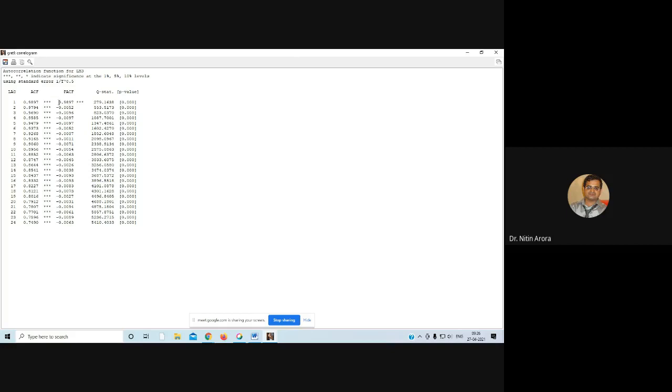We have to see this partial autocorrelation function. We can observe that a positive partial autocorrelation of lag 1 exists, and all other partial autocorrelation coefficients are statistically insignificant, because the stars are not available with those partial autocorrelation coefficients. Obviously we can conclude that an autocorrelation of order 1 exists.